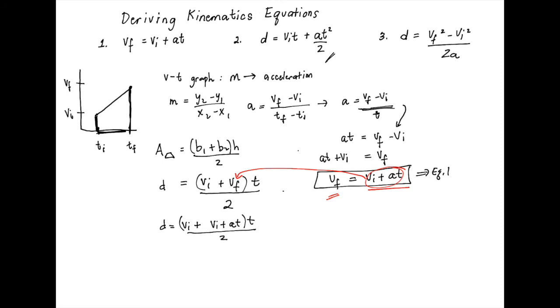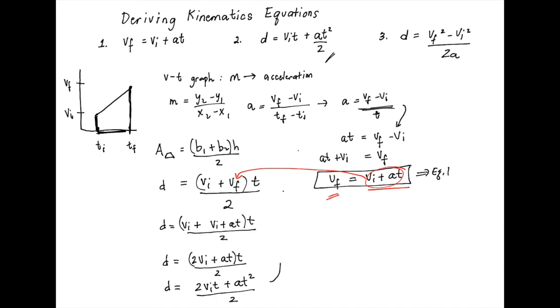D equals 2Vi plus At, multiplied by t divided by 2. Then simplify: 2Vit plus At squared over 2.